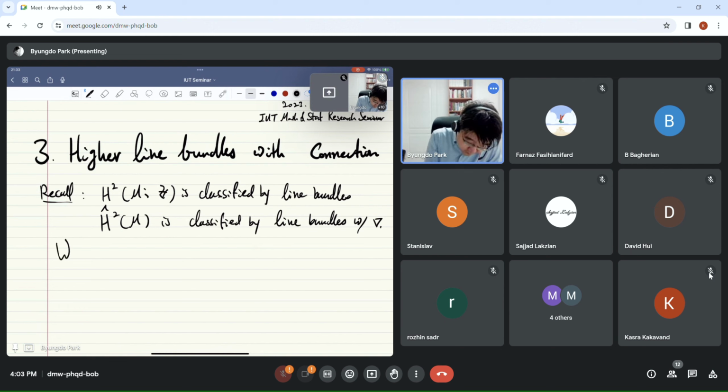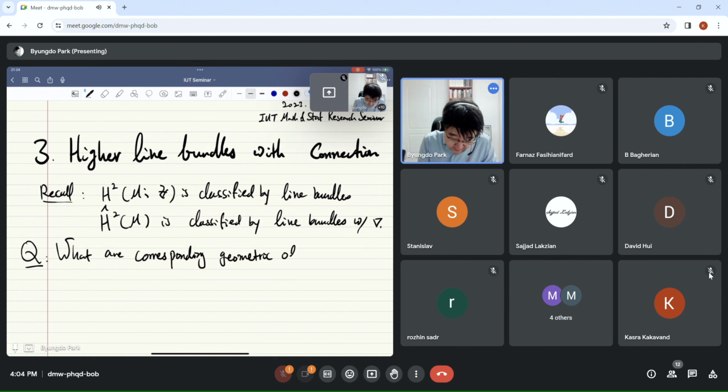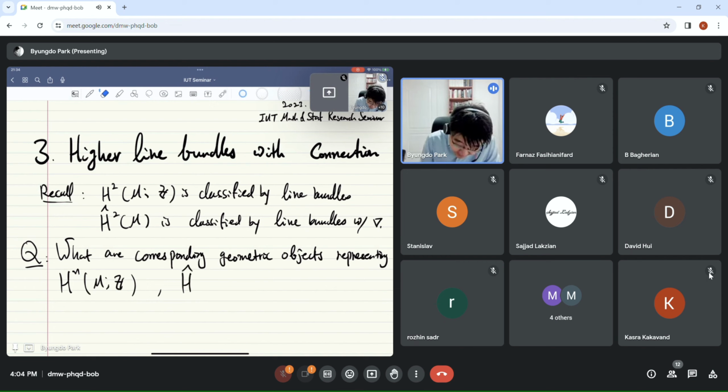And the question is, what are the corresponding geometric objects representing H n of M with integral coefficients and H hat n of M?